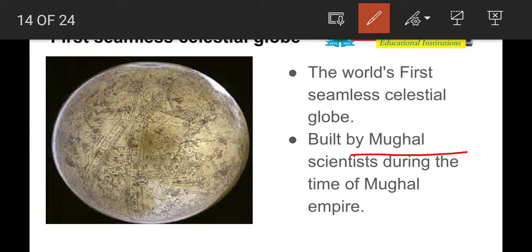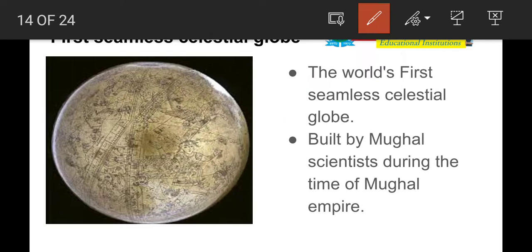Do you know who was the founder of the Mughal kingdom? Babur. So during the time of the Mughals, the Mughal scientists prepared this globe. It is the first seamless celestial globe. Is it clear, children?